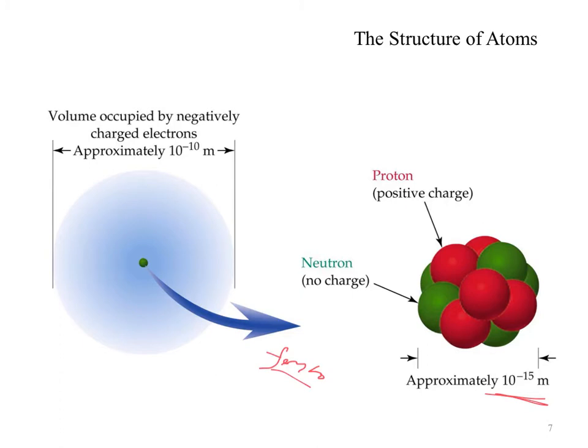That number is going to be to the extent of 10,000 or higher, depending on the element. But you're looking at femtometers for the nucleus and angstroms or nanometers for the atom itself.